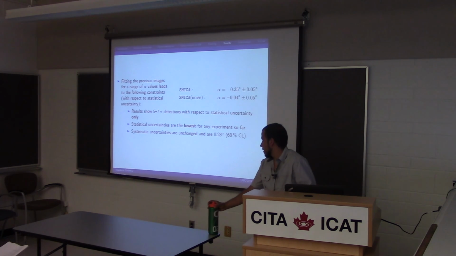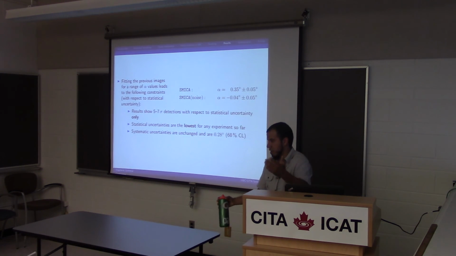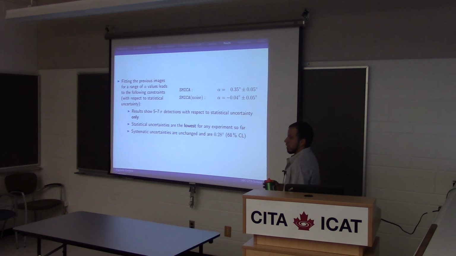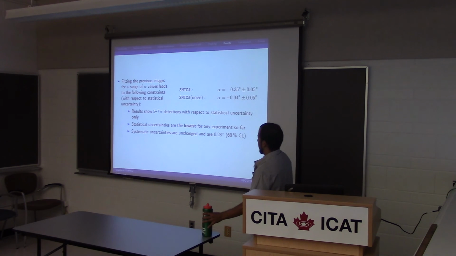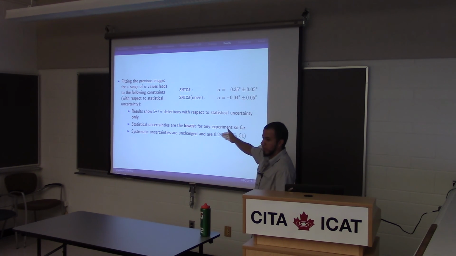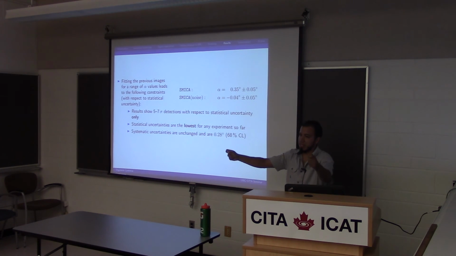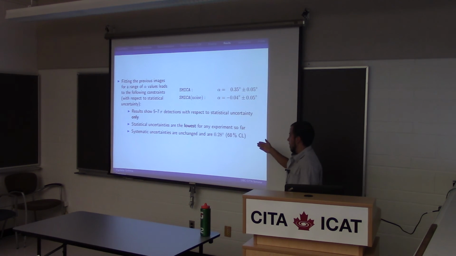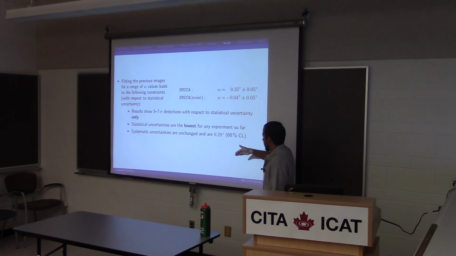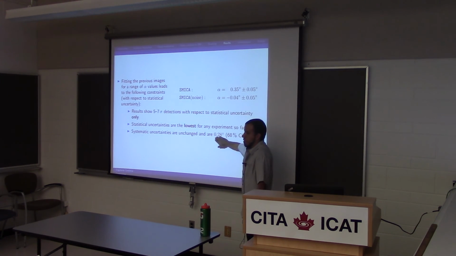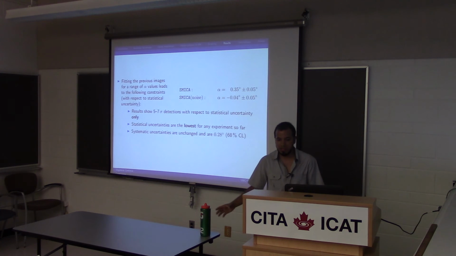At first it looks like a strong detection of the rotation, so there's parity violation. Until you remember that the systematic of not knowing how your detectors are oriented is completely degenerate with this signal. When you try to estimate what that is, you get something that's roughly 0.33 degrees as well.